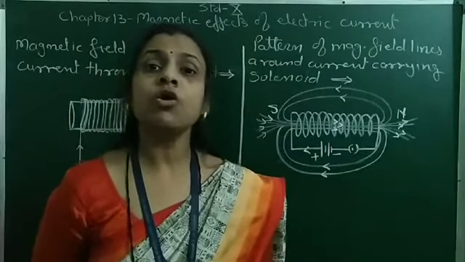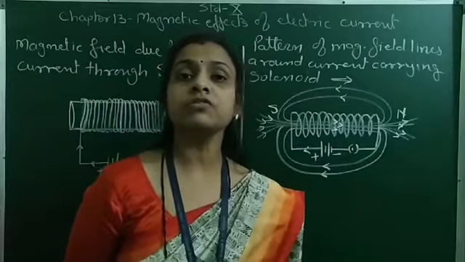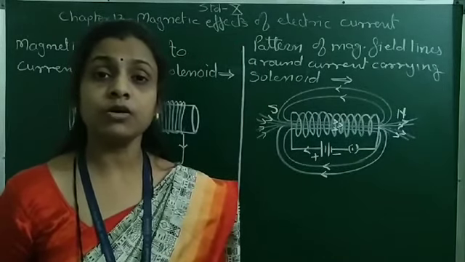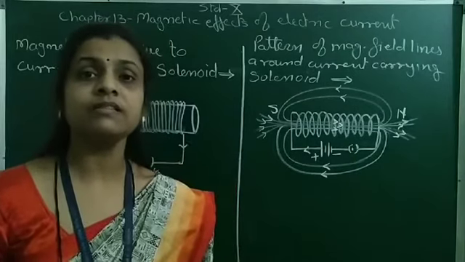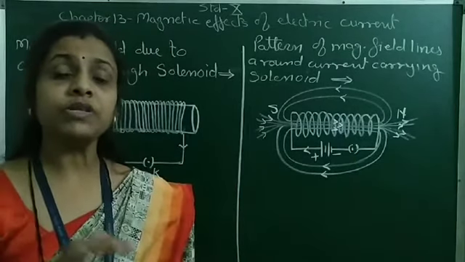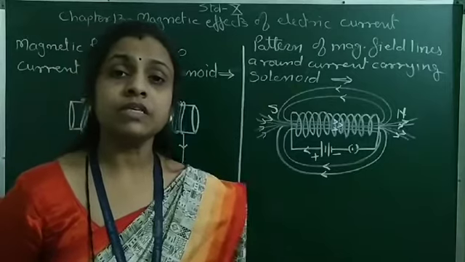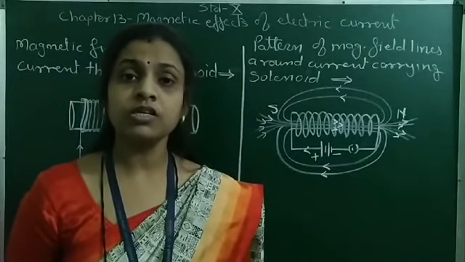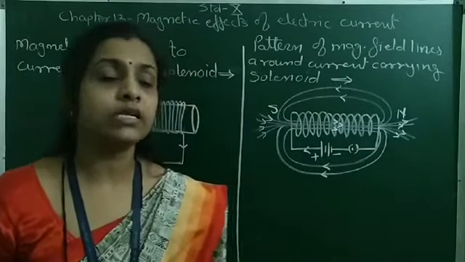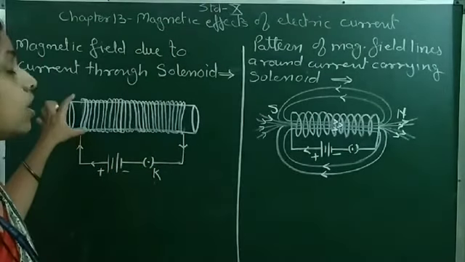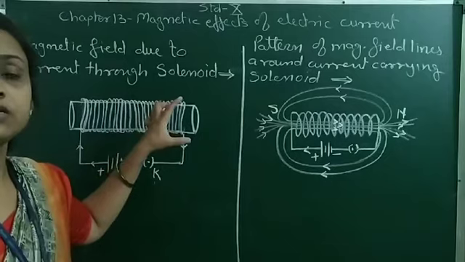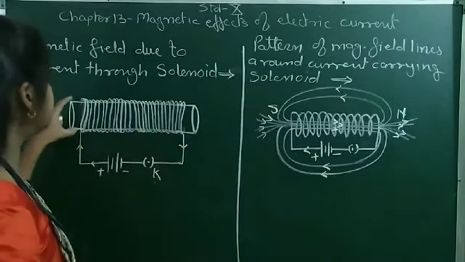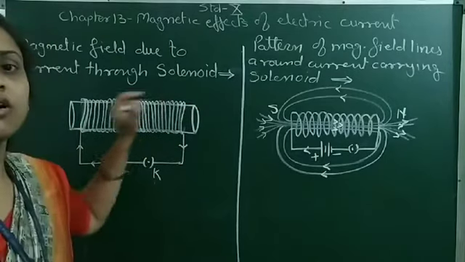A coil of many turns of insulated copper wire closely arranged in the shape of a cylinder is called a solenoid. The coil we used in the previous activity, having a large number of turns of wire, is also called a solenoid.